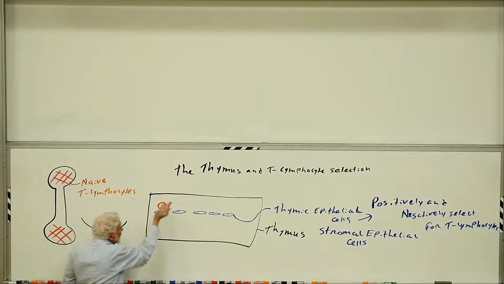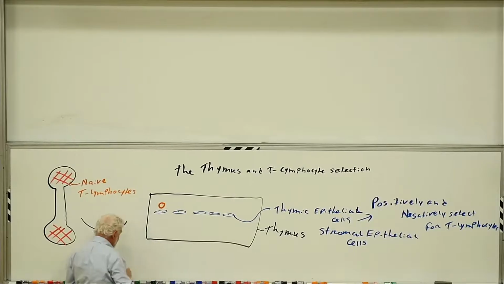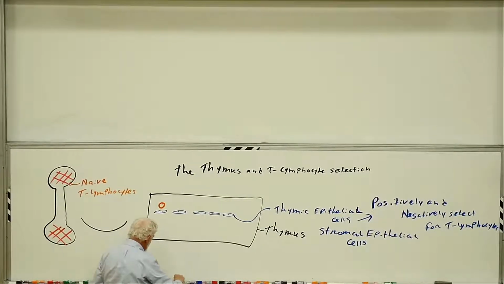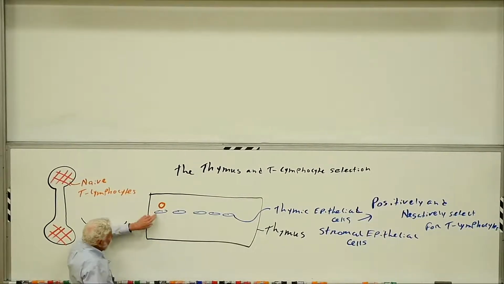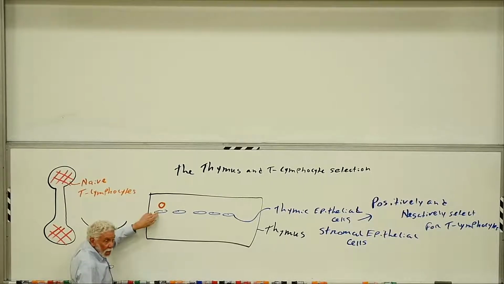But if another T cell arrives, there's a handshake, and the stromal epithelial cell asks the T cell, can you recognize proteins expressed on other cells? And this orange T lymphocyte says, sure, I have the machinery to do that. I can recognize proteins on other cells.